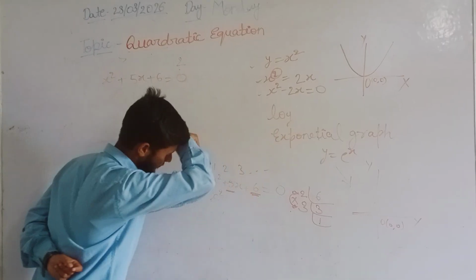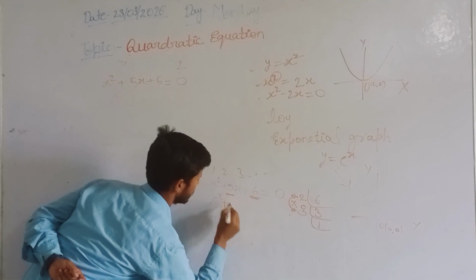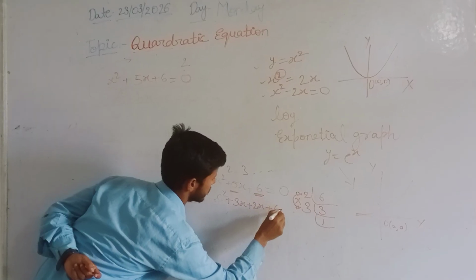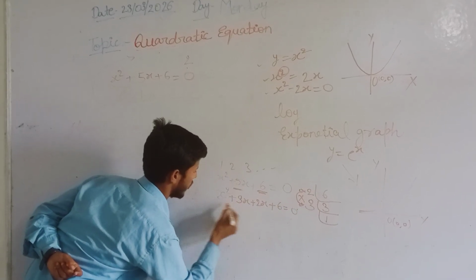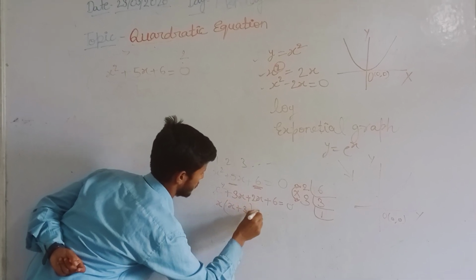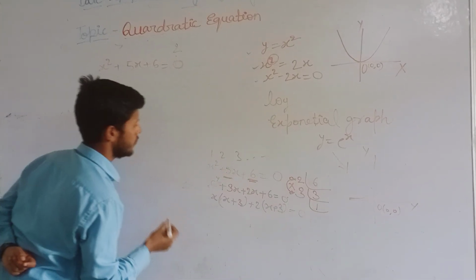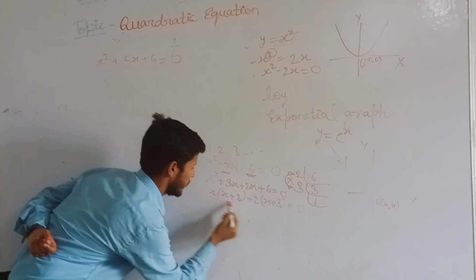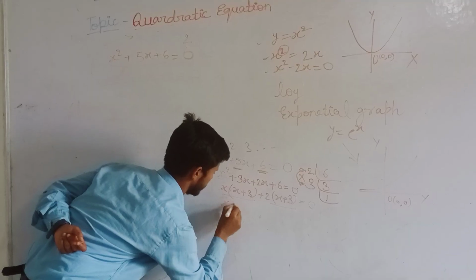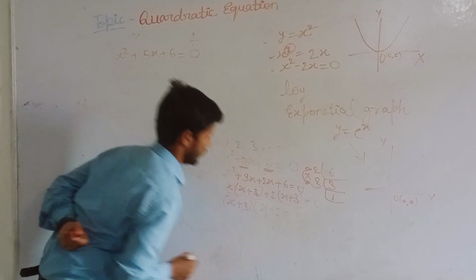Now we will solve again. x square plus, breaking into two terms, 3x plus 2x plus 6 is equal to 0. Now we take x common from here, x into x plus 3 plus 2 into x plus 3 is equal to 0. Now we take x plus 3 common from these two terms. x plus 3 into x plus 2 is equal to 0.